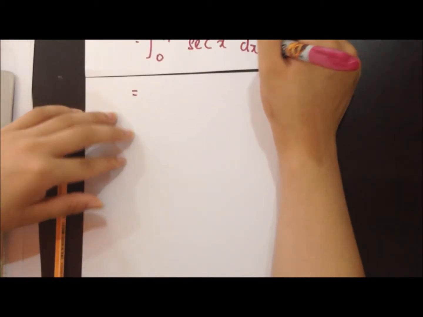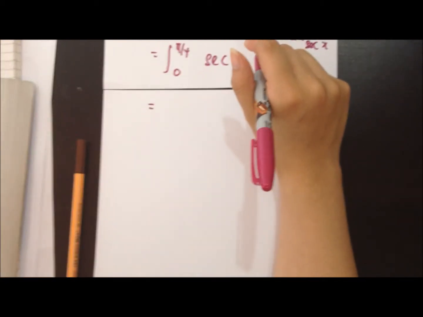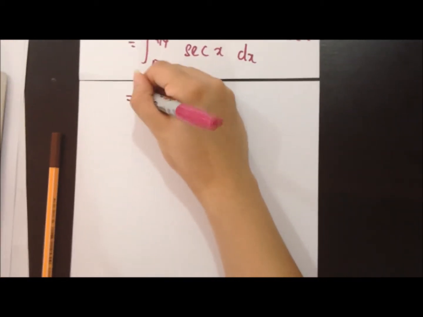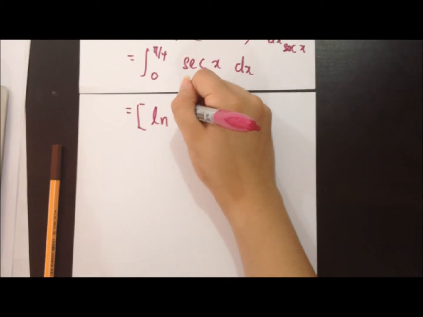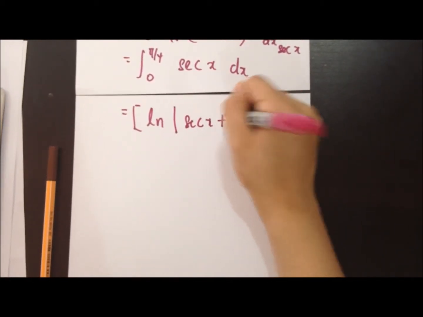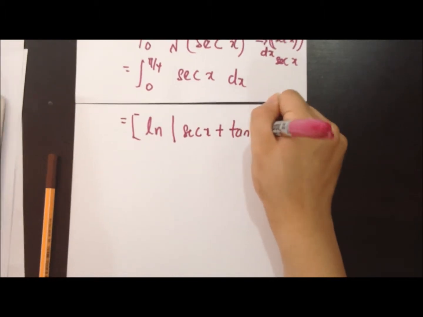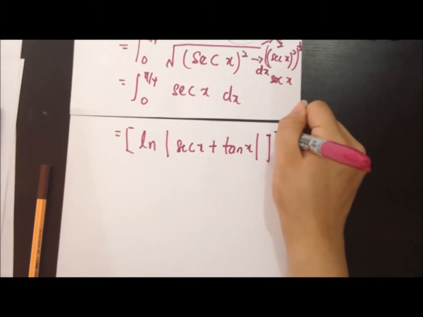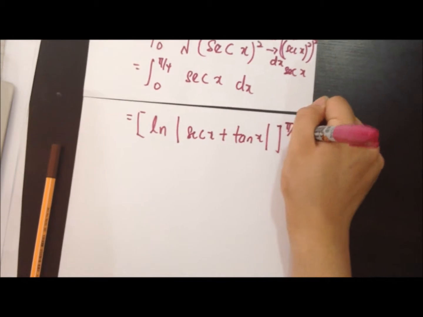The integration of secant is ln modulus of secant x plus tangent x, modulus, from 0 to pi over 4.